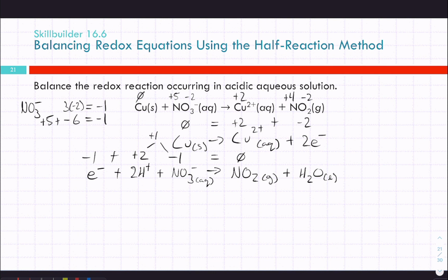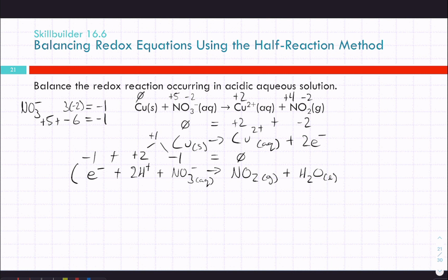Okay, so our last step here is that we go to balance the electrons. We balanced the charges on each of the half reactions, but before we combine them, they have to have the same number of electrons in each reaction. For this half reaction, we have 2 electrons, but for this half reaction, we only have 1.